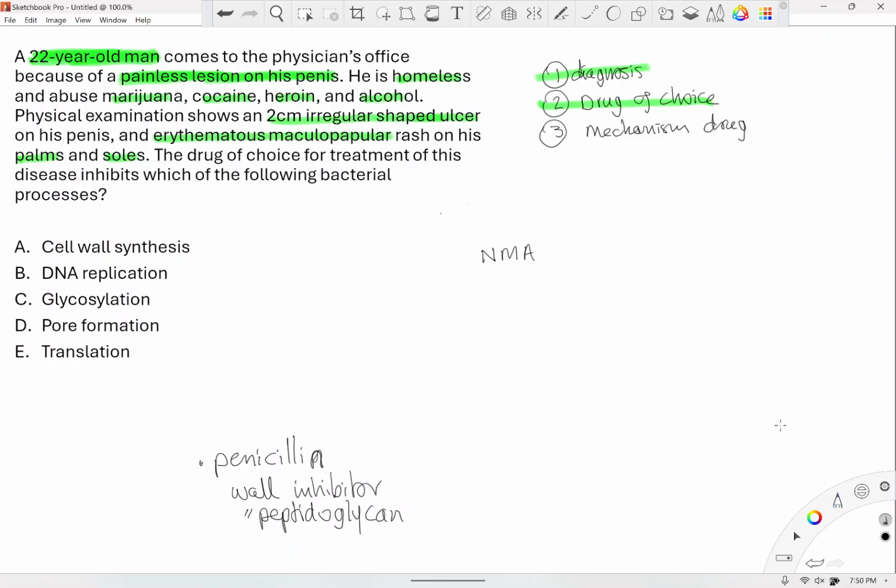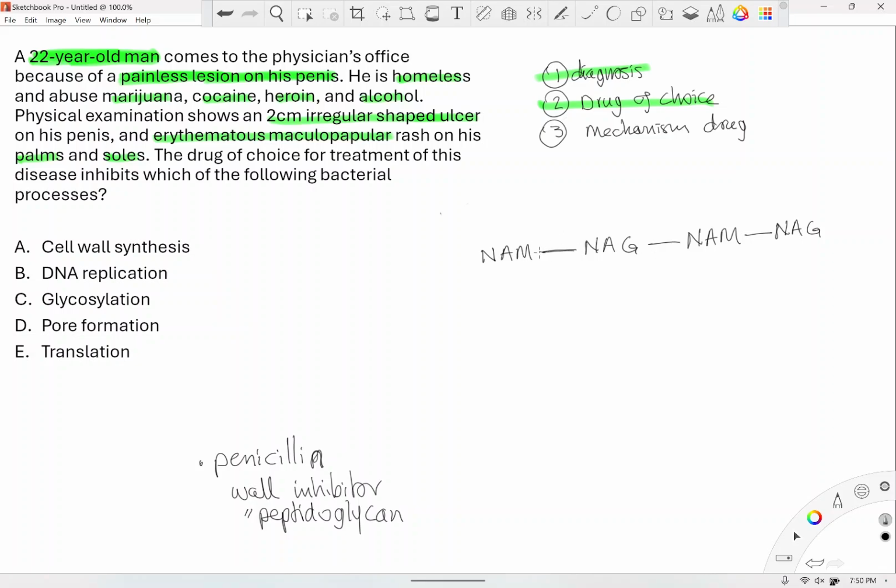Sorry, I did it wrong. It's N-acetyl muramic acid, and then it's attached to N-acetyl glucosamine, and it keeps alternating: N-acetyl muramic acid, and the next one is N-acetyl glucosamine. These are sugars, so both of these are sugars.